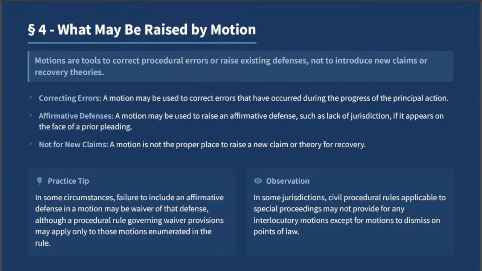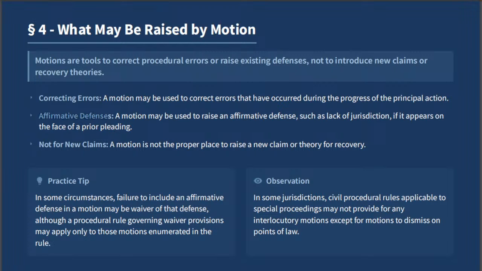Now we're on to what may be raised by a motion. Motions are tools to correct procedural errors or raise existing defenses, not to introduce new claims or recovery theories. So they're for correcting errors. A motion may be used to correct errors that have occurred during the process of the principal action.